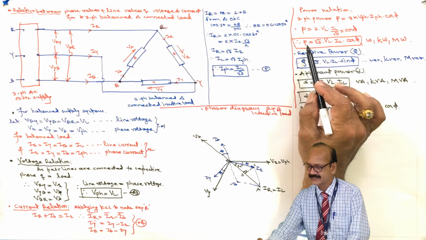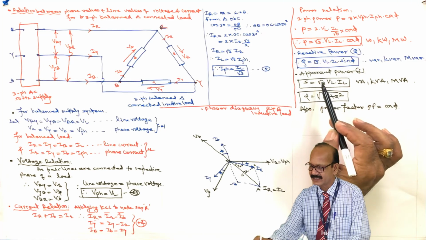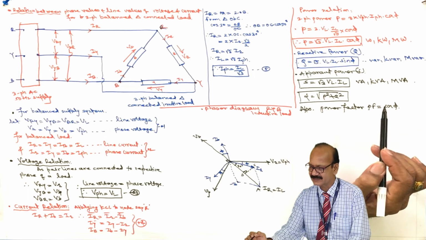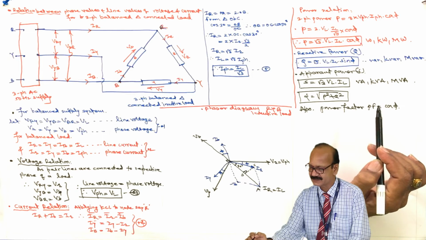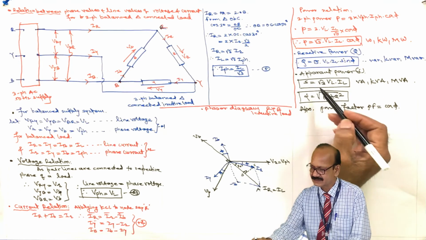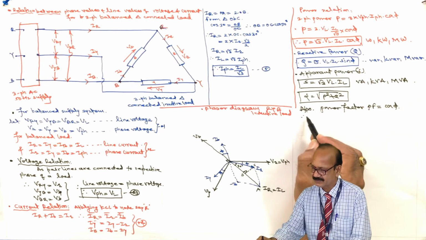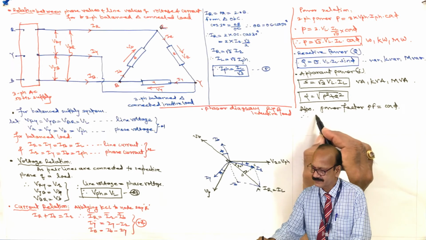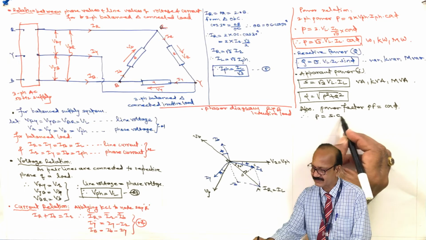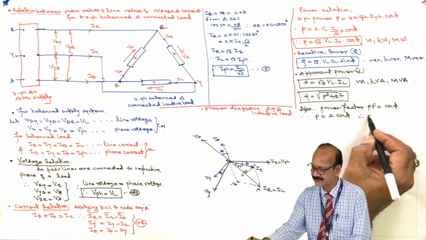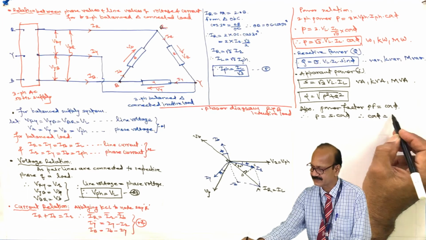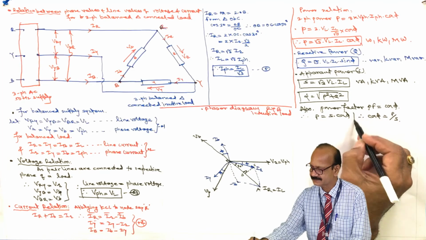Now see the relation between active power and the apparent power. So we can write the value of root 3 VL IL here. So P equal to S into cos phi. And therefore cos phi equal to P upon S.